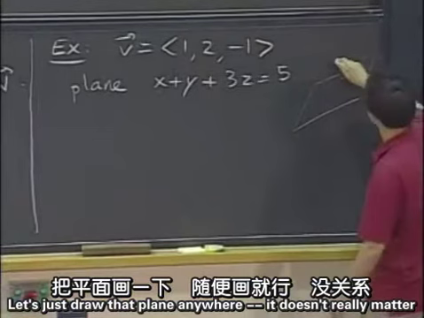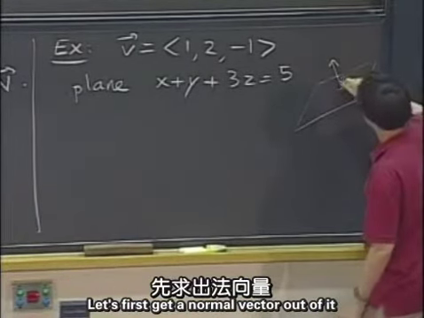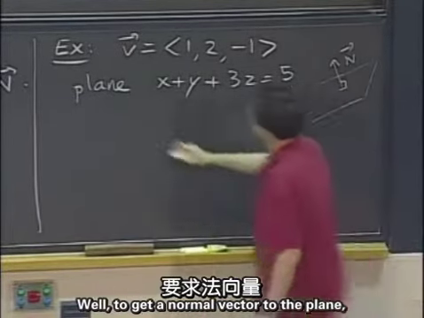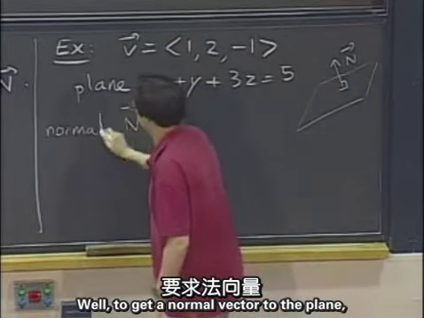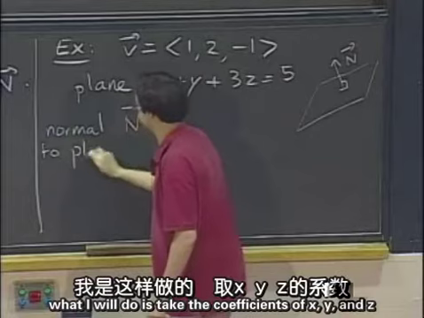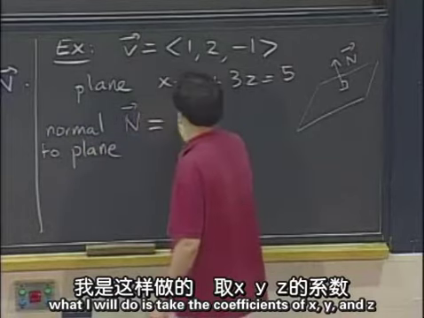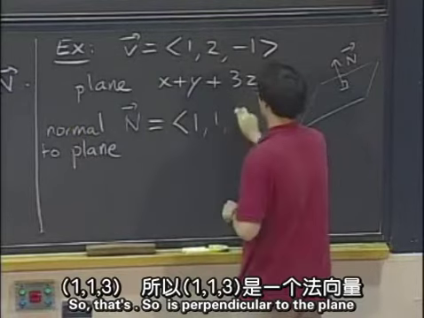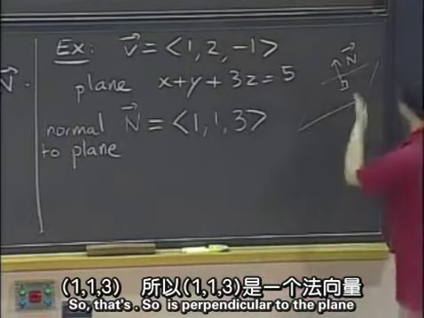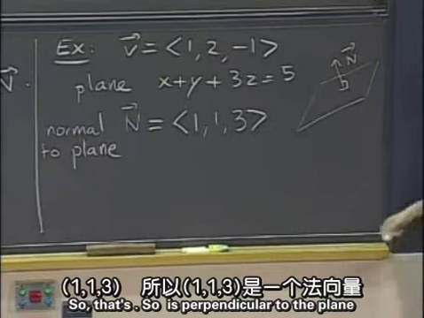It doesn't really matter. Let's first get a normal vector out of it. Well, to get a normal vector to the plane, what I will do is I will take the coefficients of x, y, and z. So that's 1, 1, 3. Okay, so 1, 1, 3 is perpendicular to the plane.